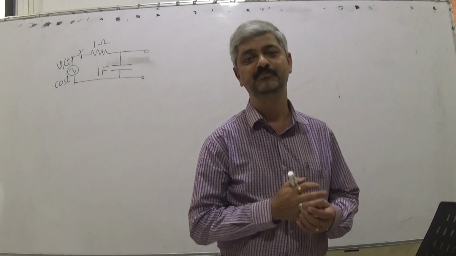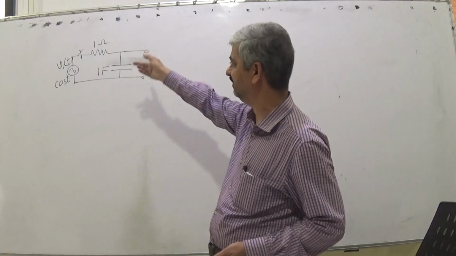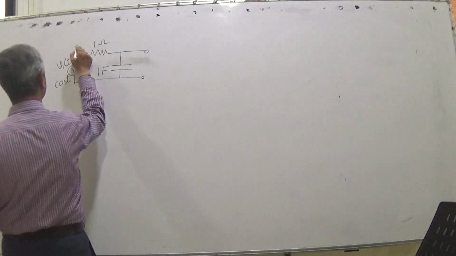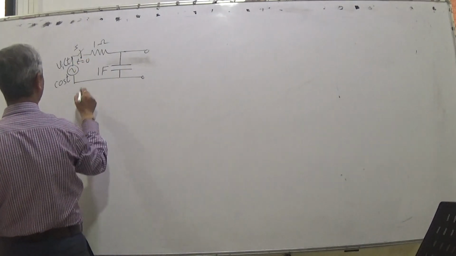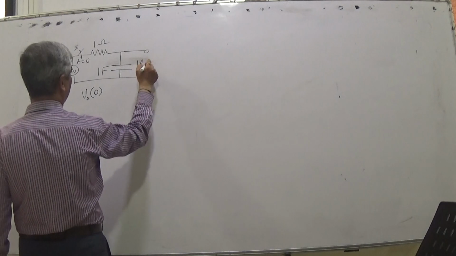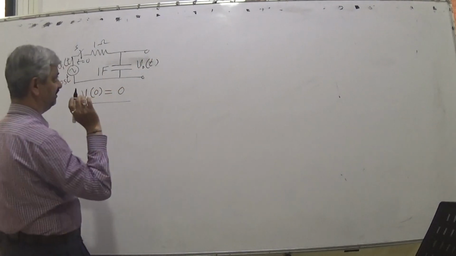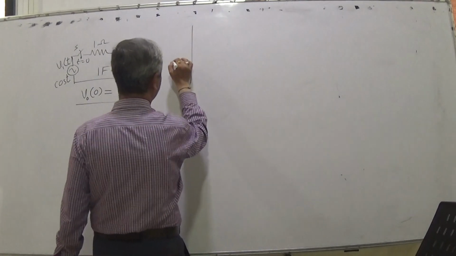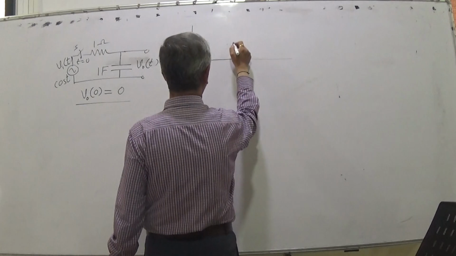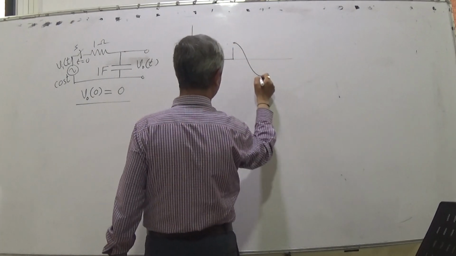Number 1. And what is going to happen? Switch S is closed at t equal to 0 and v_o(0) is 0, and we want to find the expression for v_o(t). Just like I am applying an input, till the beginning it was 0 and cos t I am applying. So it becomes 1.